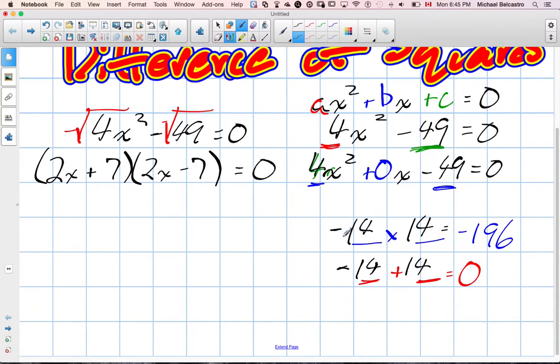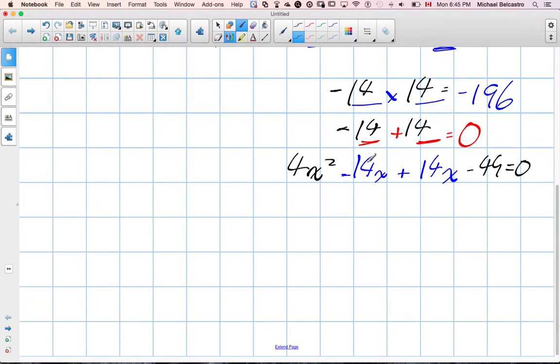So now when we do our product sum, we write our 4x squared, and we split these. We have a negative 14x, and we have a positive 14x, right? This is how you guys do it? Great. Negative 49 equals 0. And now I go through the exact same process. Here, I can common factor out the number 2 and the variable x. So I can take 2x out, so I'm left with 2x minus 7.